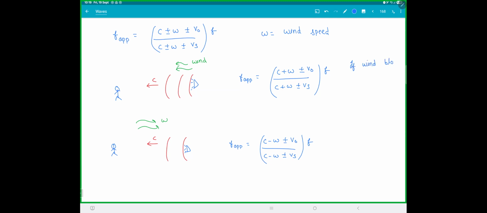So wind blows in the direction of propagation of sound. There, if you have a wind, this is what you do. Clear with this? You can put on that formula. You're going to need that.